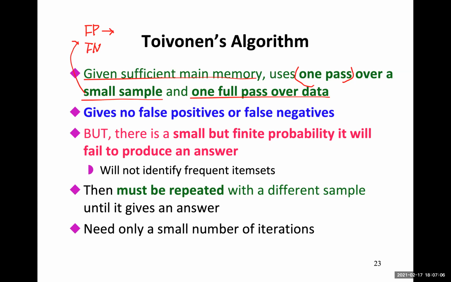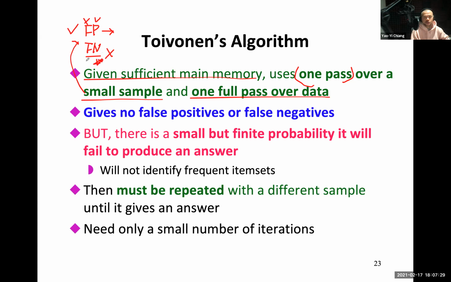It will be the frequent item sets in the small sample, but actually not in the whole data. Great, cool. So this means we say it's frequent, but it's actually not in the entire data set. And false negatives means we say it's not frequent, but it's actually frequent in the entire data set, okay?